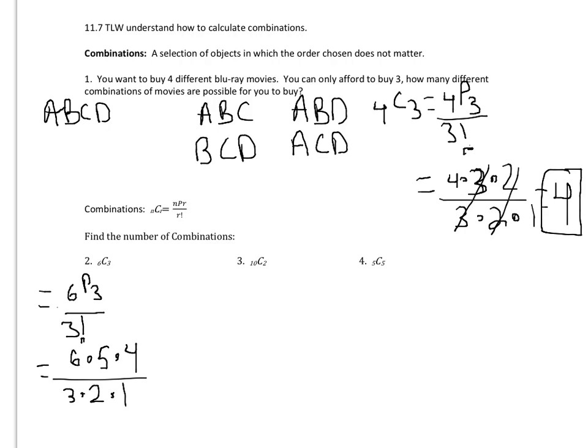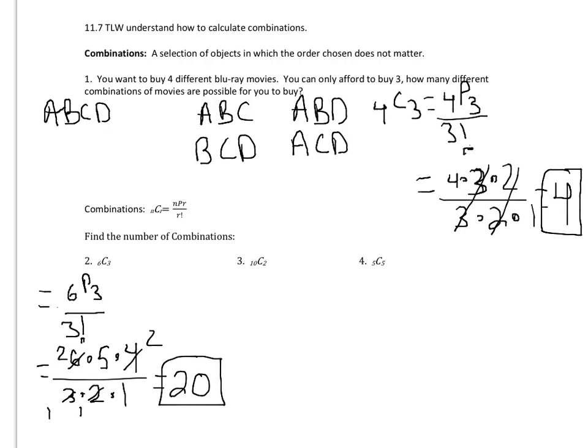So what does that equal? Well, you can say that's 1, that's 2, that's 1, that's 2. 2 times 5 is 10, times 2 is 20. So there's 20 combinations.